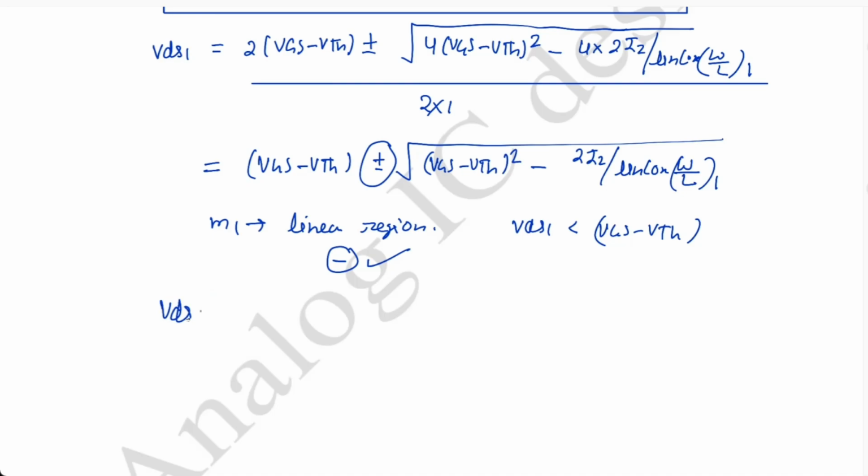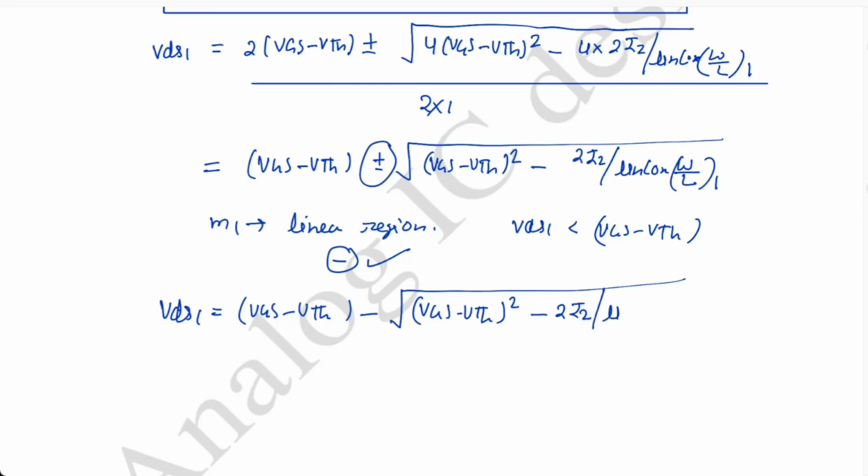So here VDS1 will be VGS minus VTH minus root over (VGS minus VTH) whole square minus 2I2 divided by mu Cox W by L1.